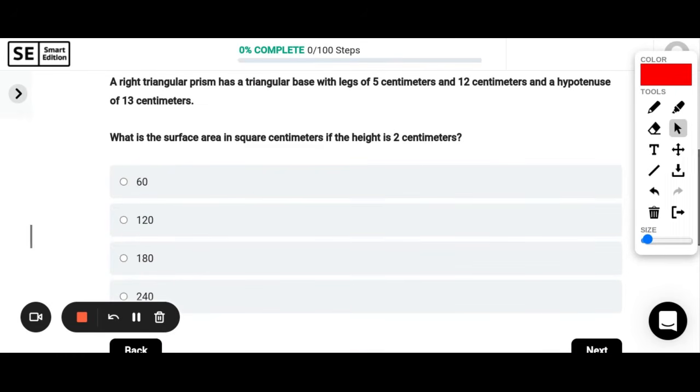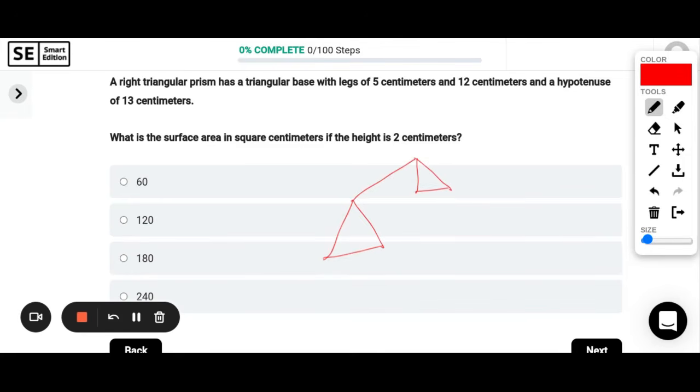Okay. A right triangular prism has a triangular base with legs of 5 centimeters and 12 centimeters and a hypotenuse of 13 centimeters. What is the surface area? Okay, so for this, it might be helpful just to have a picture again. It might not be the best three-dimensional shape we've ever seen, but we have a triangular base, okay?